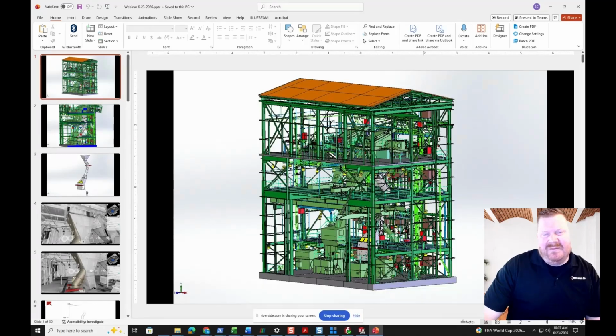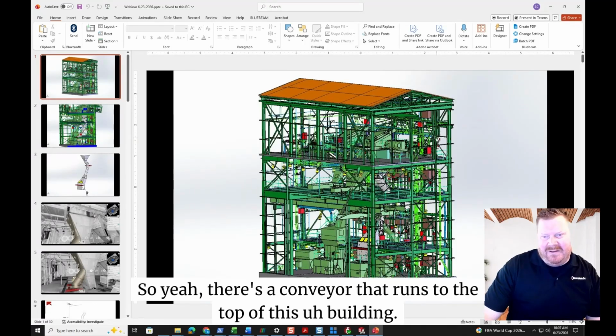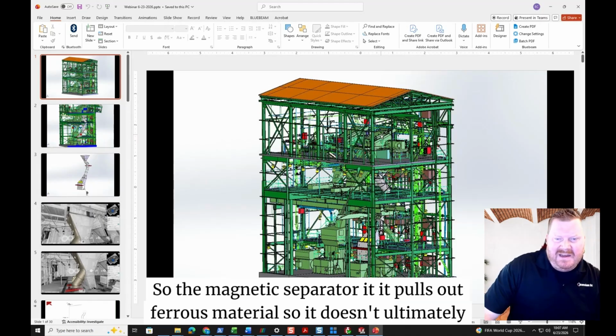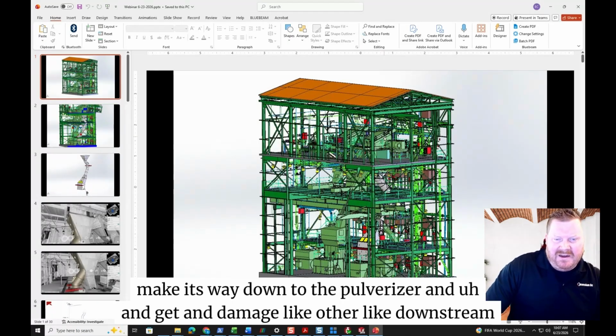All right. Awesome. So yeah, there's a conveyor that runs to the top of this building. It drops through this magnetic separator head chute here. The magnetic separator pulls out ferrous material so it doesn't ultimately make its way down to the pulverizer and damage other downstream equipment.